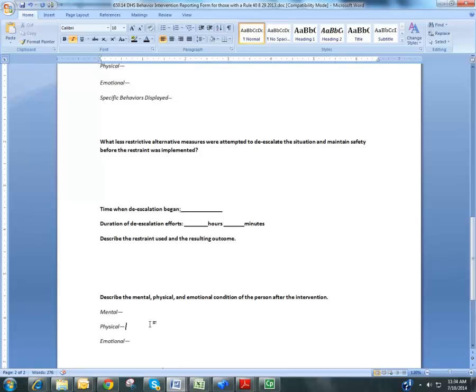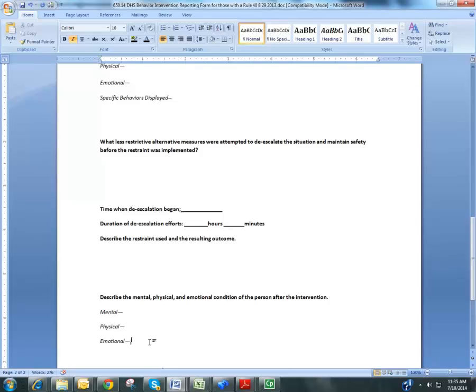For the physical, you may indicate whether the person was extremely tired, whether they were still very energetic, whether they were indicating some sort of pain, anything like that you notice physically about this person. And then emotional, we really want to talk about the emotional state of that person.